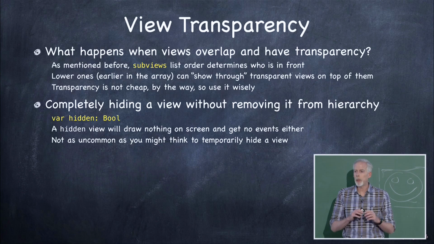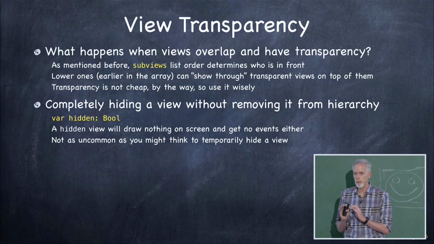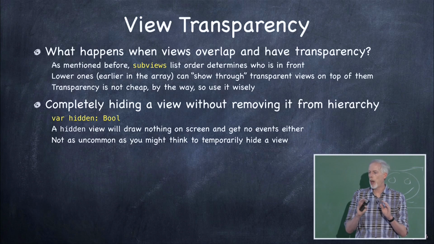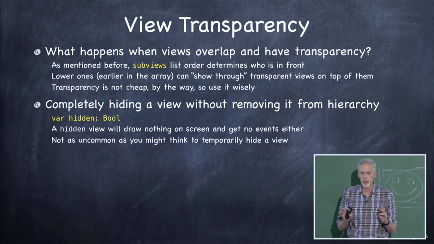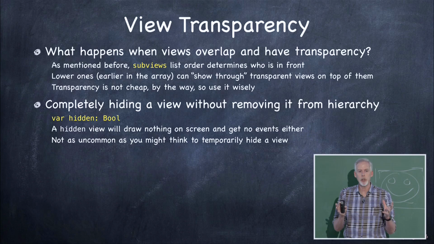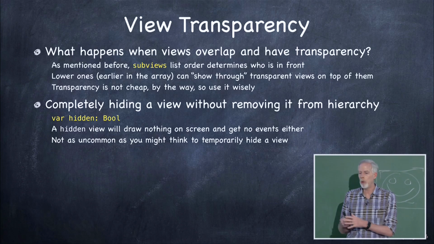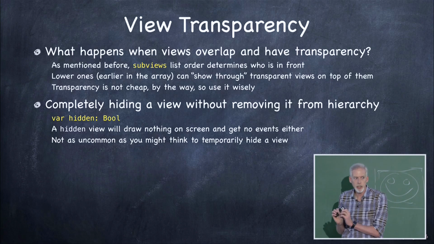You can completely hide a view by setting its hidden to true. If you set its hidden to true, it will not receive any events, no touch events, nor will it draw what it draws. It'll still be in the view hierarchy, okay, but it's as if it's not there. Now, why would you want this? Well, you might have a view that only appears when a certain button is in a certain state. So you put it there, you set it hidden.